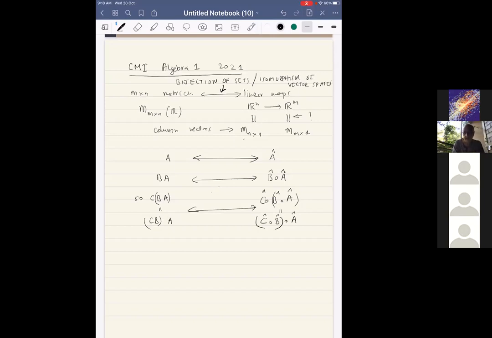And column vectors of length n are also n tuples of real numbers, except that when I think of it as Rn, I think of it as an n tuple, usually written as a row of real numbers with round brackets, and when I think of them as column vectors, I write them vertically. But in both cases, these are n tuples of real numbers, and the vector space structure is the same. So this is an isomorphism of one vector space, namely Rn, with column vectors of length n.